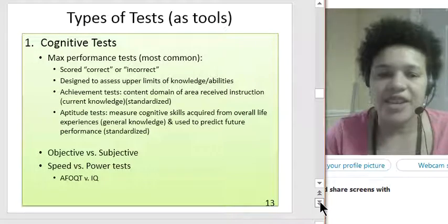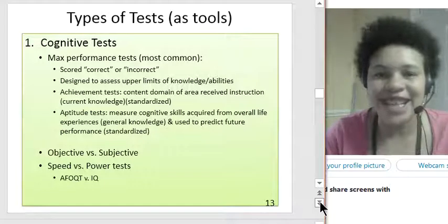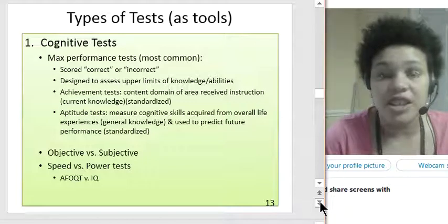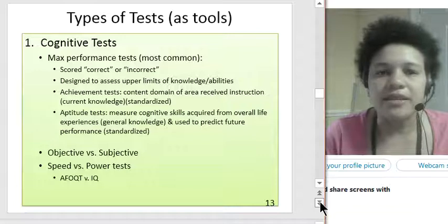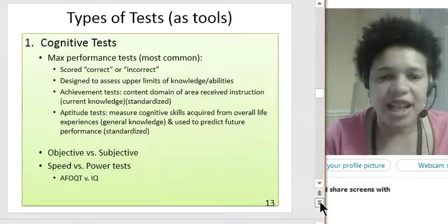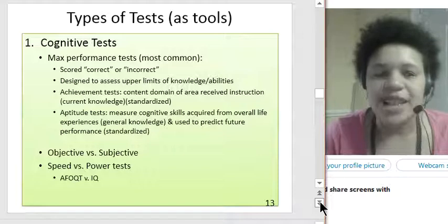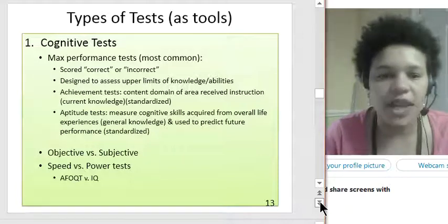The SAT is not very good at predicting anything except perhaps how students do in the first year of college. But grade point average from high school is much better at predicting that. But anyway, aptitude tests are supposedly measuring general cognitive skills acquired from overall life experience.